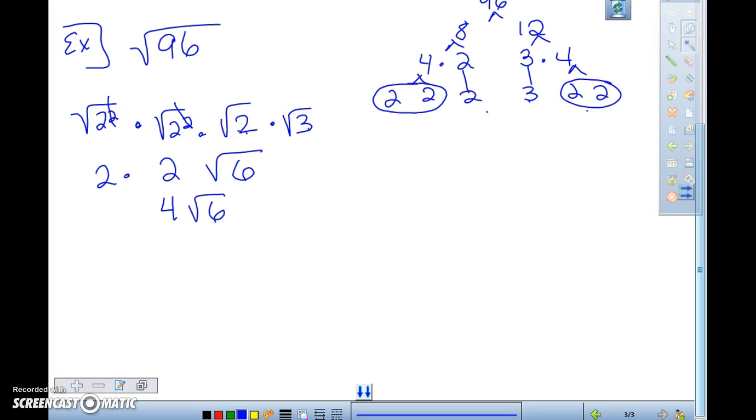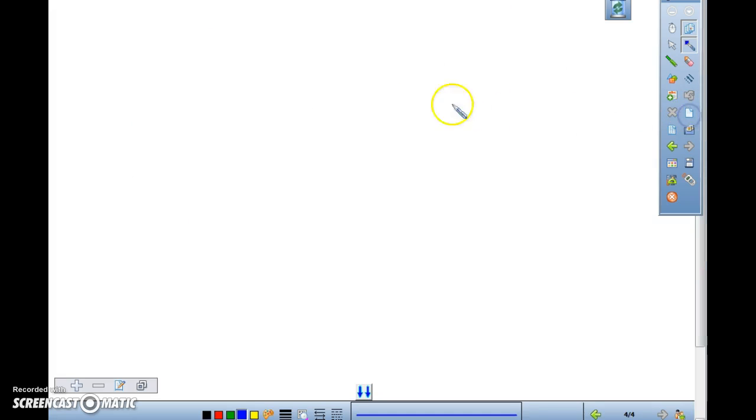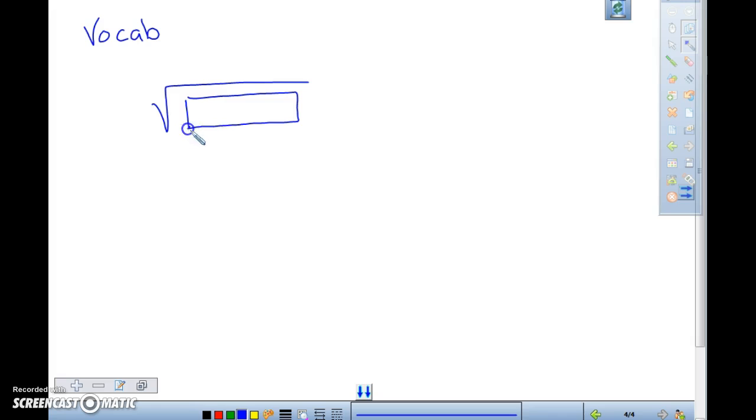Okay? All right. I want to show you a little bit of the vocabulary about what we call these numbers. So, some vocab. The part underneath the radical, or underneath the check mark, is called a radicand. This is called a radical, the check mark symbol.